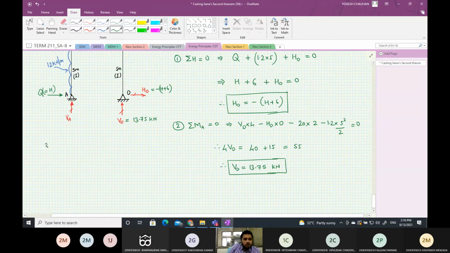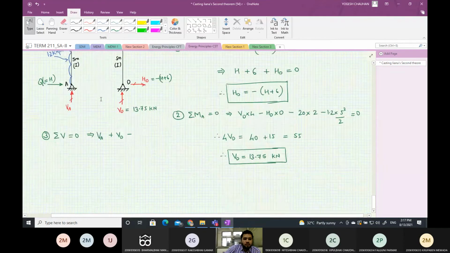Now we apply the third condition, sigma Fy equals to 0. This implies VA plus VD minus this 20 equals to 0.